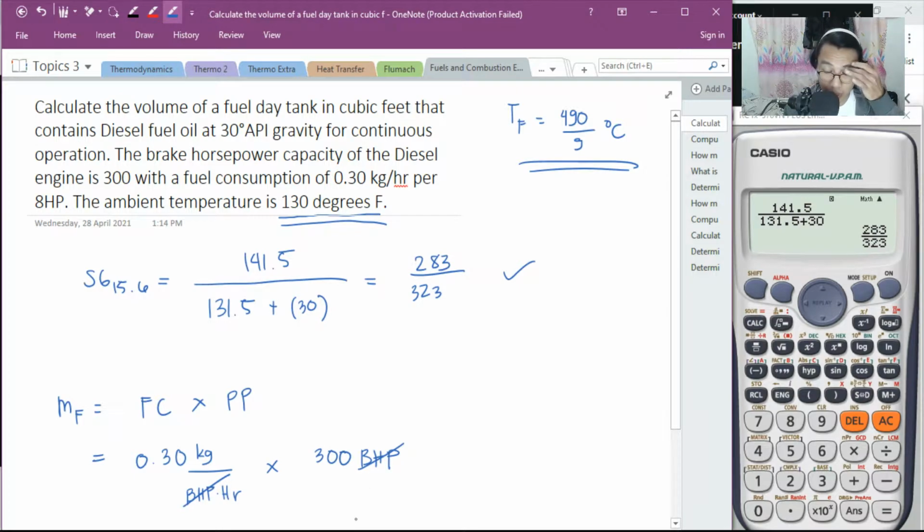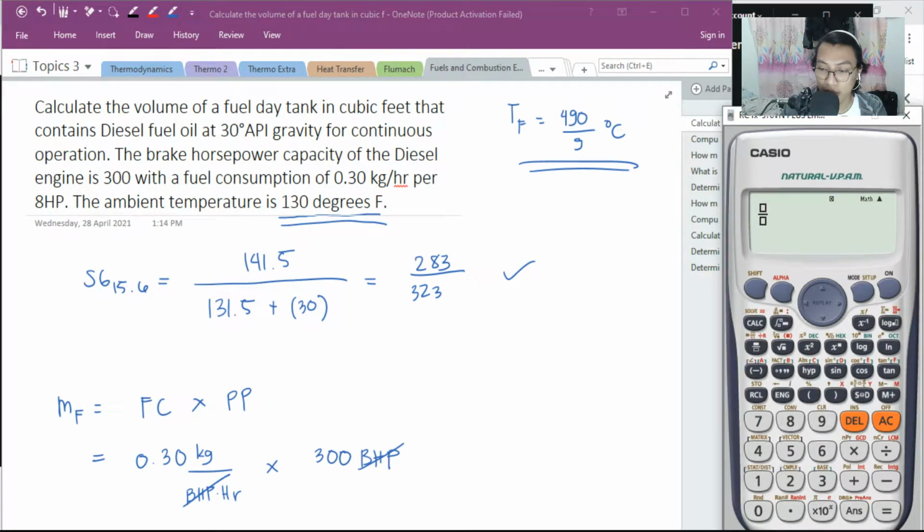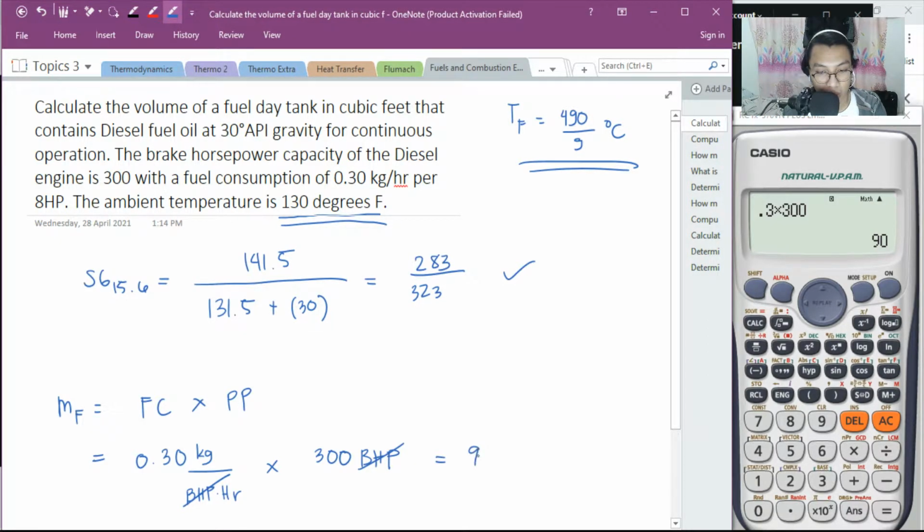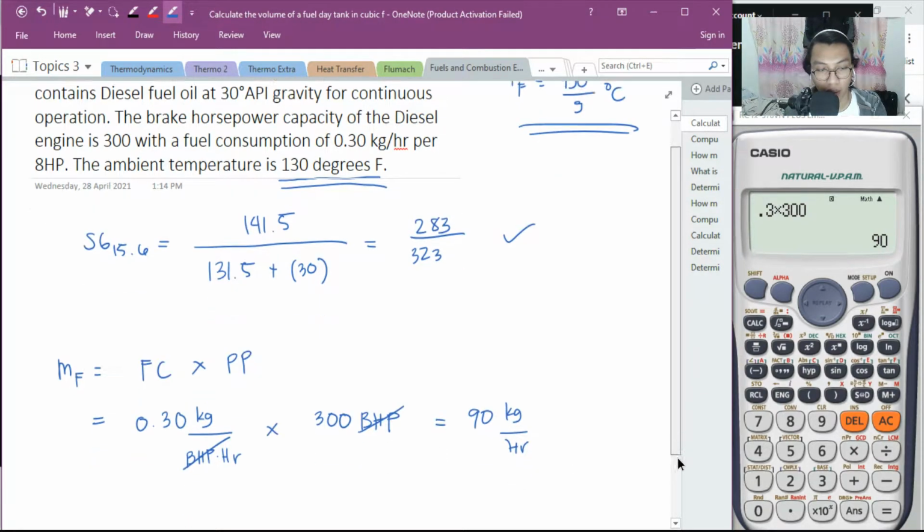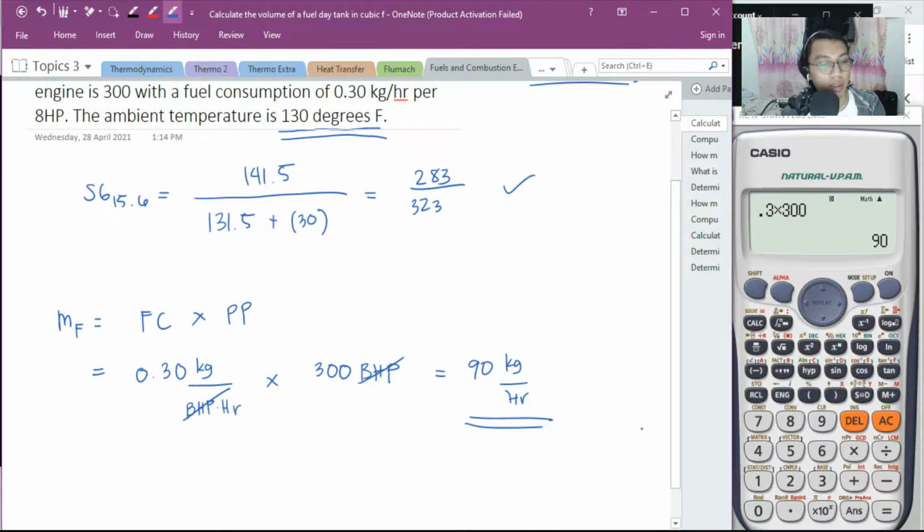Nakuha mo na yung fuel flow niya. Mass of the fuel. So that is 0.3 times 300. That is 90 kilogram per hour. 90 kilogram in every hour. Okay? So, ano susunod dyan?